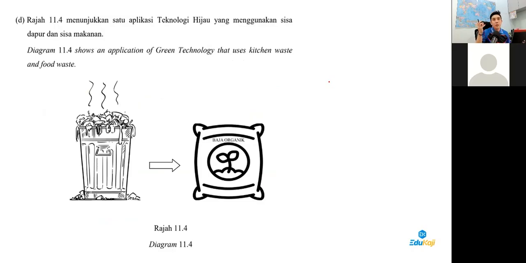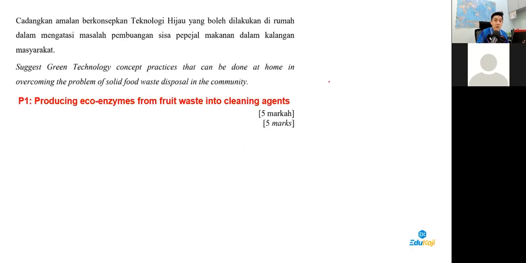Meaning, let's say the orange skin, the apple peels, you can soak them to form what we call eco-enzymes. Okay, then you can use to clean the floor and so on.